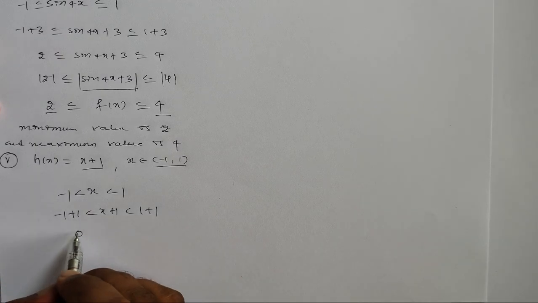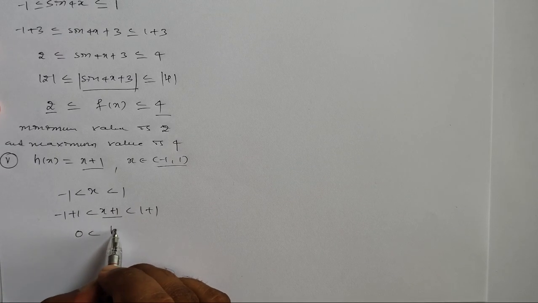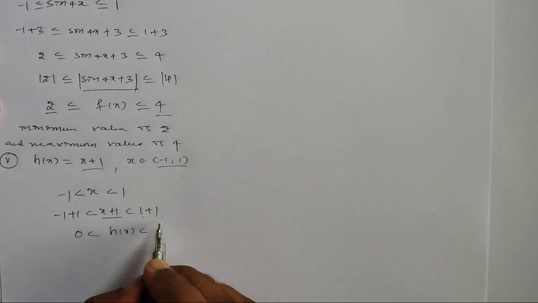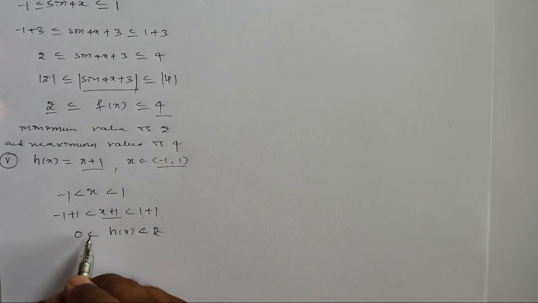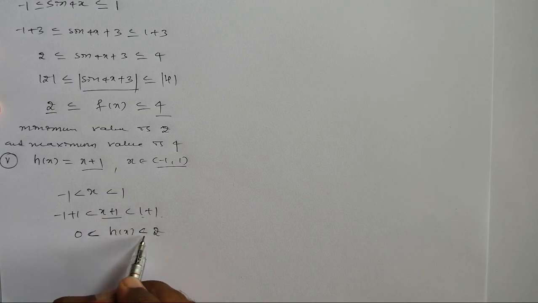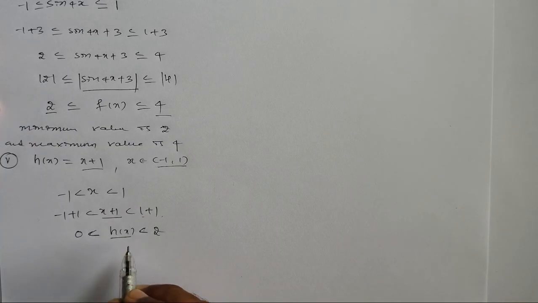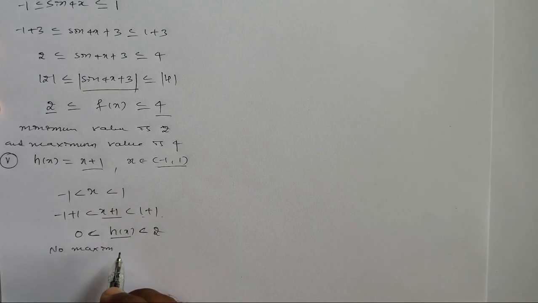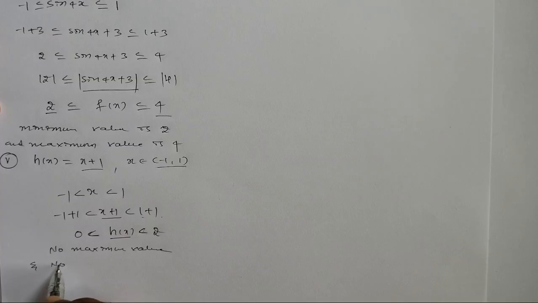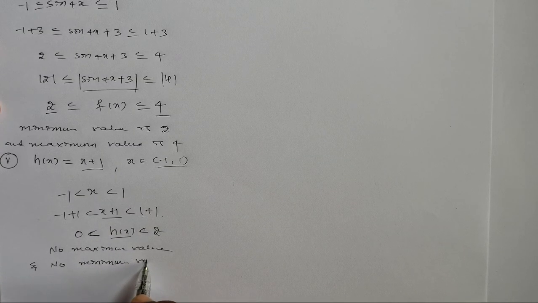Minus 1 plus 1 becomes 0, and 1 plus 1 becomes 2. See, it is only less than and greater than, with no equal to, which means the function has no maximum value and no minimum value.